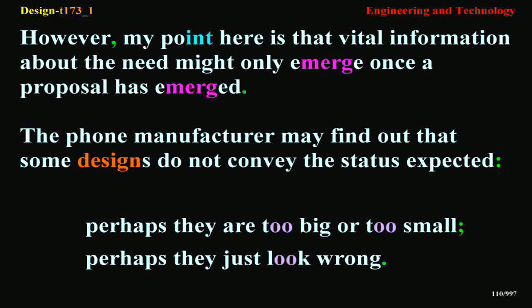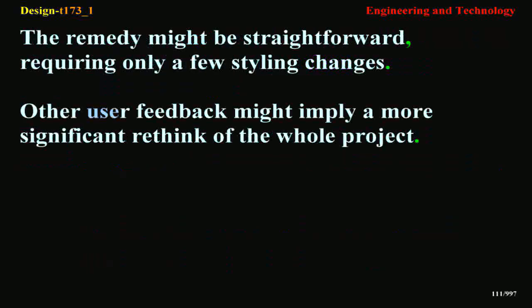The phone manufacturer may find out that some designs do not convey the status expected. Perhaps they are too big or too small. Perhaps they just look wrong. The remedy might be straightforward, requiring only a few styling changes. Other user feedback might imply a more significant rethink of the whole project.